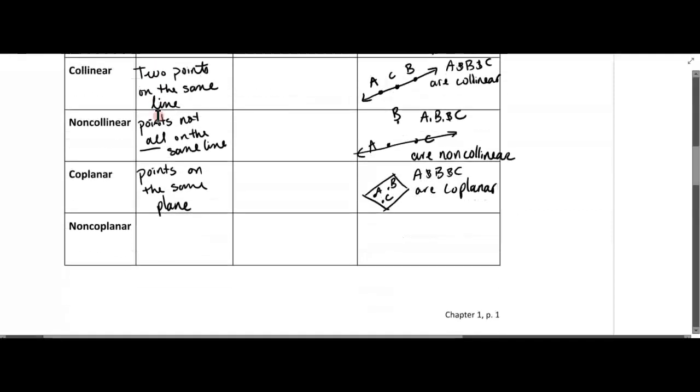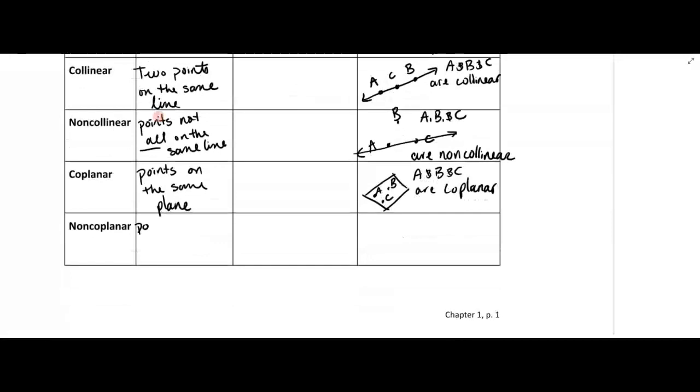But they would be non-coplanar, so points not all on the same plane. So if I have my plane, and I had A, B, and C, and I had D out here, then A, B, C, and D are non-coplanar.